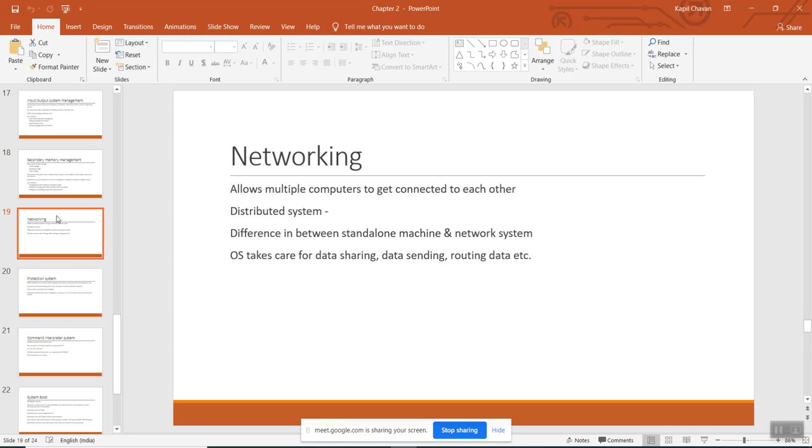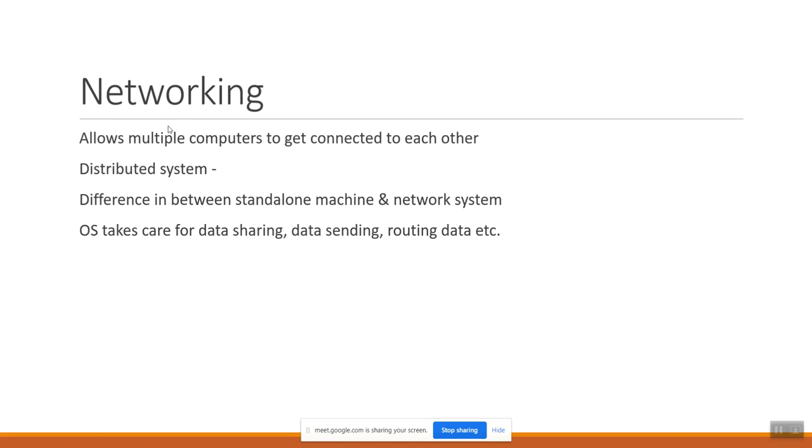I will just repeat some of these points. We have seen the first one, networking. In networking, I have given the definition of the network and the different aspects of the network. We have also defined what is meant by a distributed system.